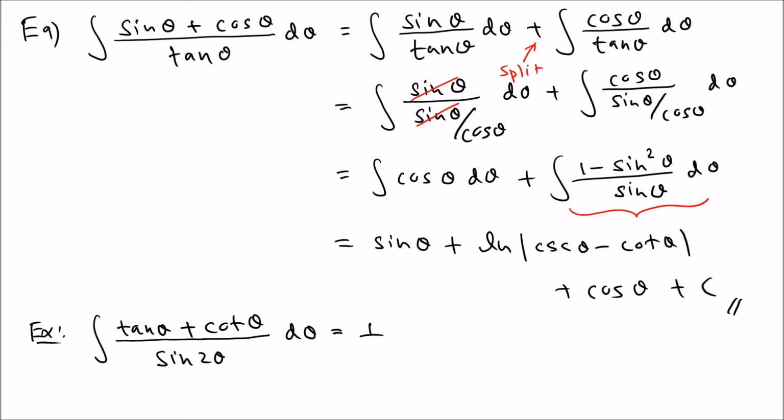You should get 1/2 tan theta minus 1/2 cotangent theta. You may have to use the double angle formula for this problem. So what's the double angle formula? We know that sine 2 theta is equal to 2 sine theta cosine theta.